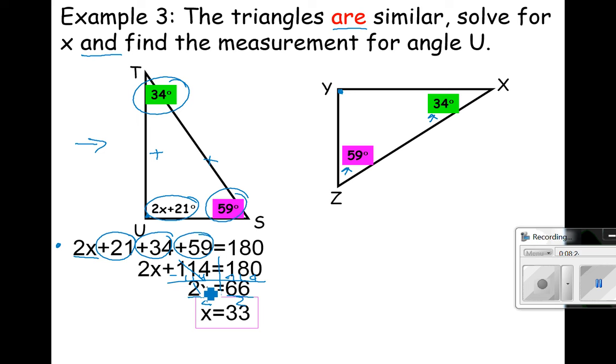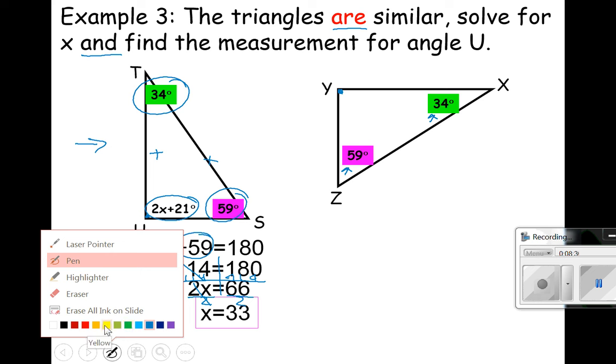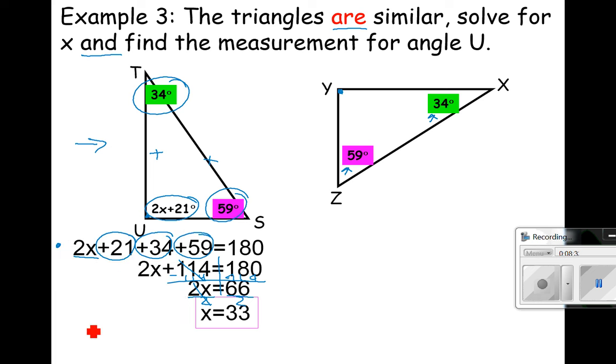Well, that's not one of my angle measurements. That's simply what x equals. So let me change the color. So now I can take this expression and substitute in my 33.